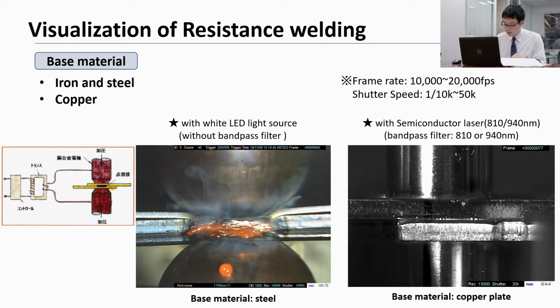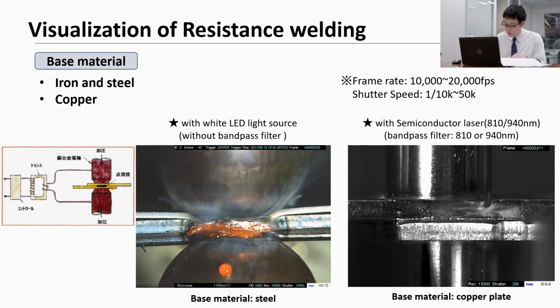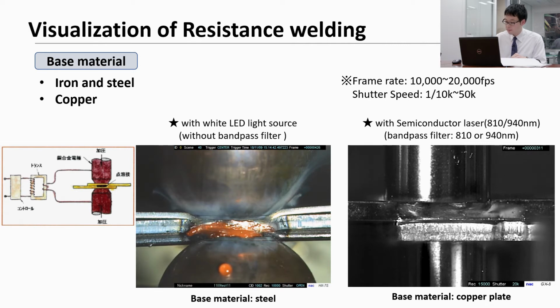About the video on the right side, it shows the image when we shoot resistance welding with a semiconductor laser light source. We use an 810 nanometer or 940 nanometer bandpass filter according to the wavelength of the semiconductor laser light source.